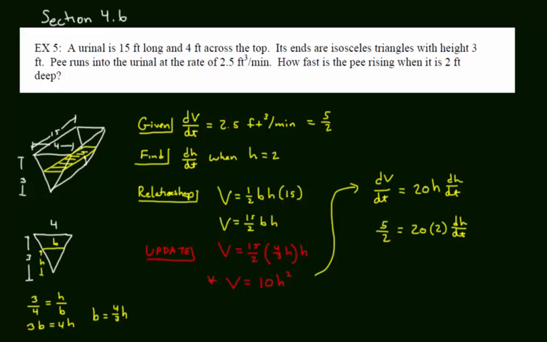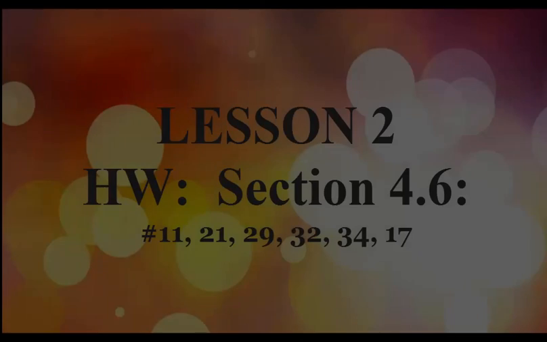So I'm going to simplify here. I'm going to divide both sides by 20 times 2. So that's going to be equal to 1/16 after I simplify, and that's going to be feet per minute. That is the end of example 5.